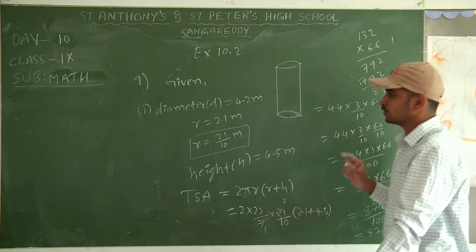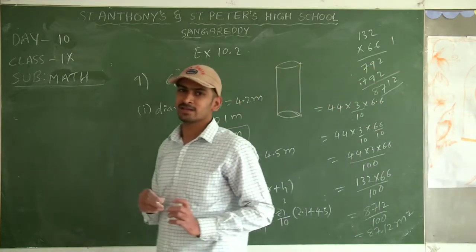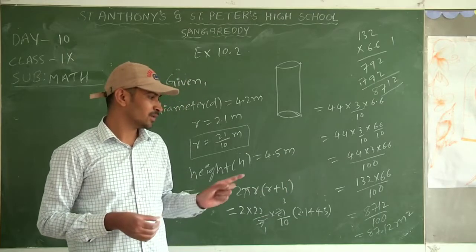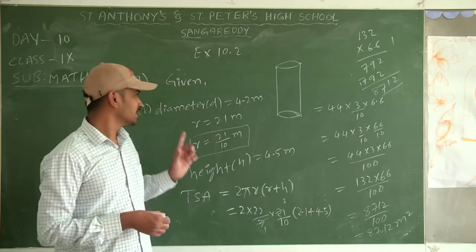This is the total surface area of the petrol storage tank, that is 87.12 meters square.